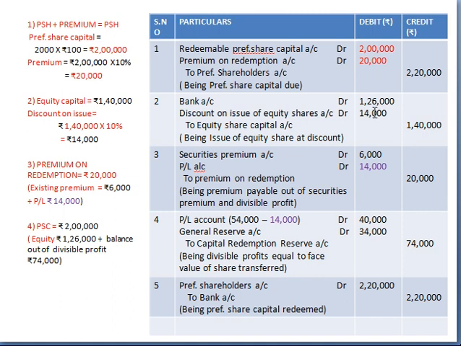Now the company has arranged fund for capital and the premium. Now once the fund has been arranged, pay this amount to the shareholders. Preference shareholders account debit to bank account. How much is payable to preference shareholders? Which is 2,20,000. So amount has been paid. That's it. Thank you.